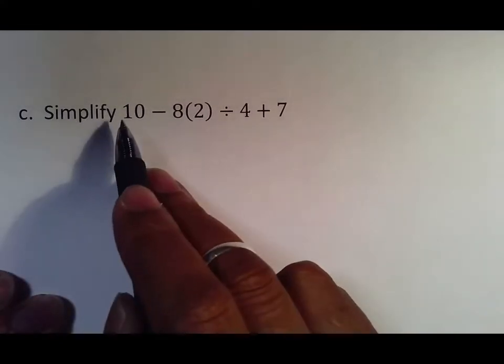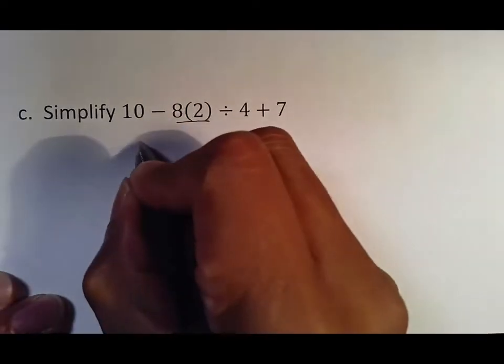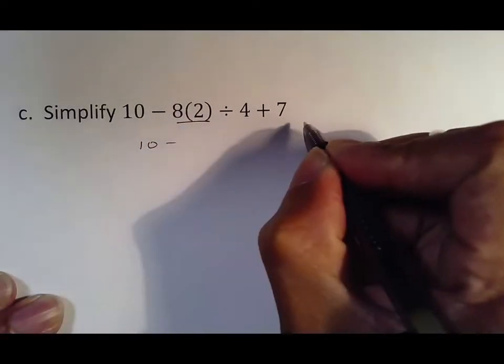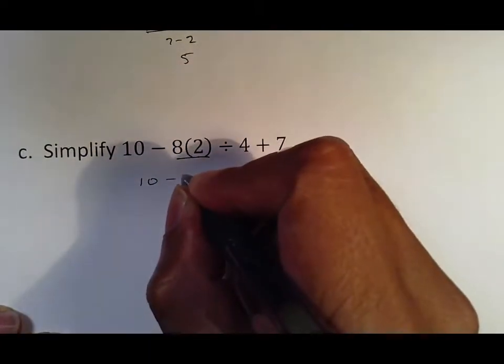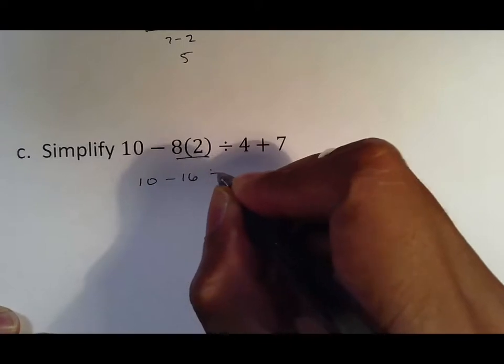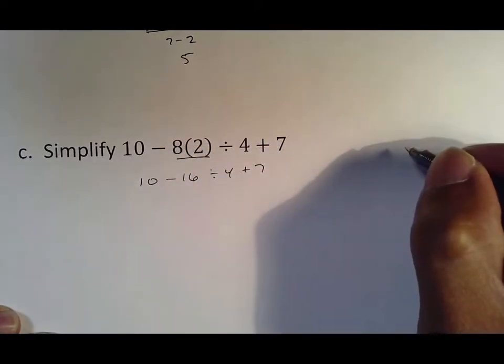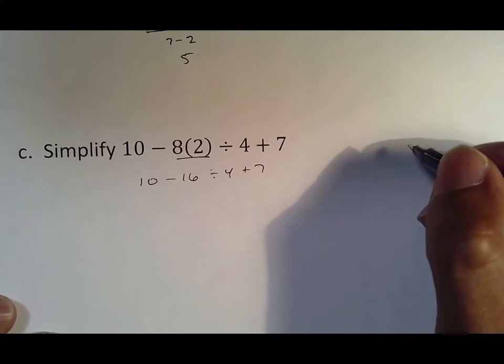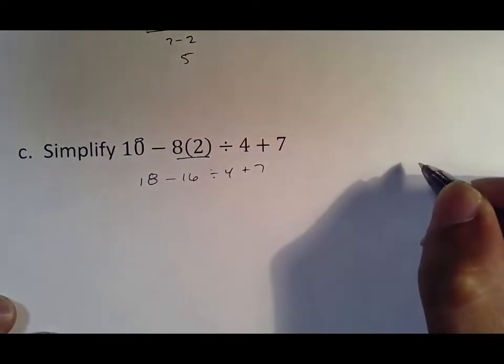We're looking for multiplication or division, and that is not parentheses, that is actually multiplication. So 10 minus, oh, we don't want to do that. Let's turn that to be, well, 10 minus 16 divided by 4 plus 7, which really we can't do. So what I'm going to do just to make this better is turn this into 18.